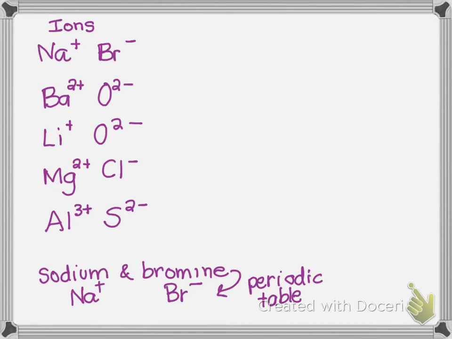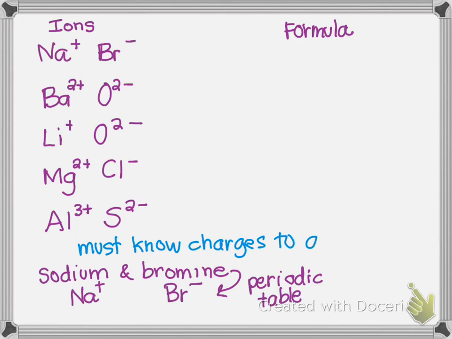Now, in order to figure out the formula for ionic compounds, you must know the charges. Okay, so I have the charges here, but I'm going to write that down. You must know the charges to determine the formulas.